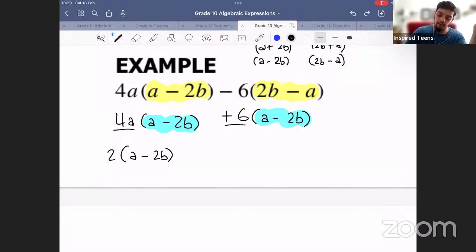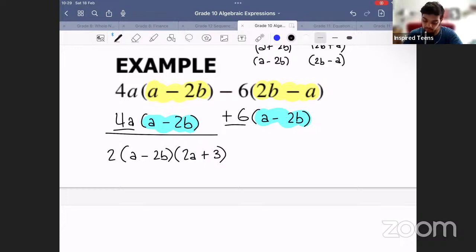You're basically dividing each term by 2(a - 2b). When you divide 4a by 2, you're left with 2a, and when you divide 6 by 2, you're left with 3. Technically, this is the final factorized form.